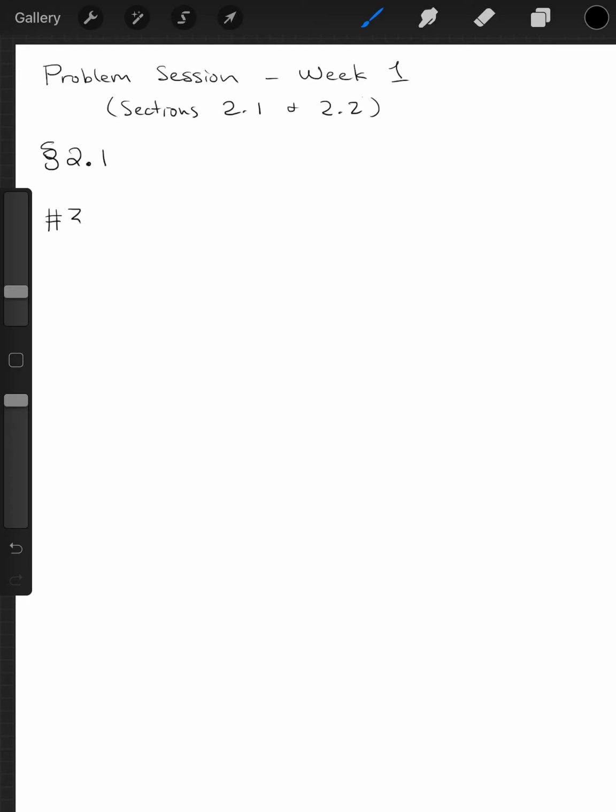So for instance, we're going to start with problem 3 from section 2.1. There was another request for problem 6, but they behave in exactly the same way. There's just a different function. So I'm going to talk about the relationship there to try to cover more of this stuff. So problem 3 says let b equal 5 root t.